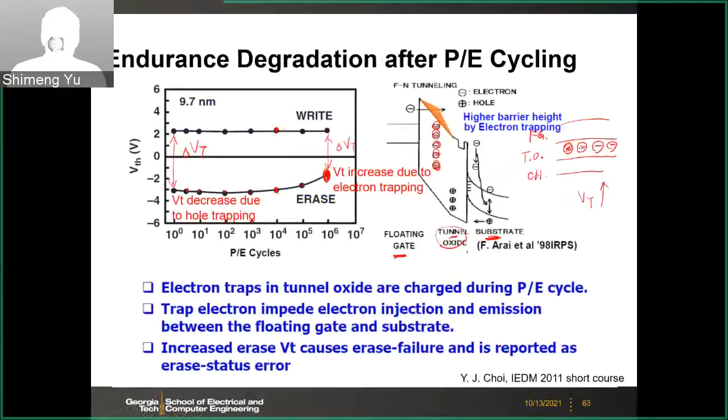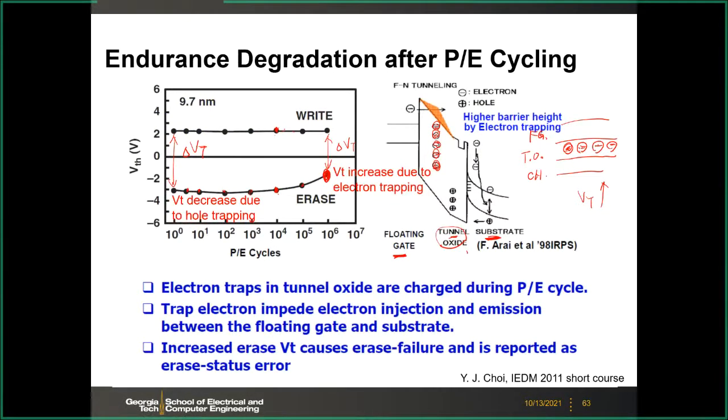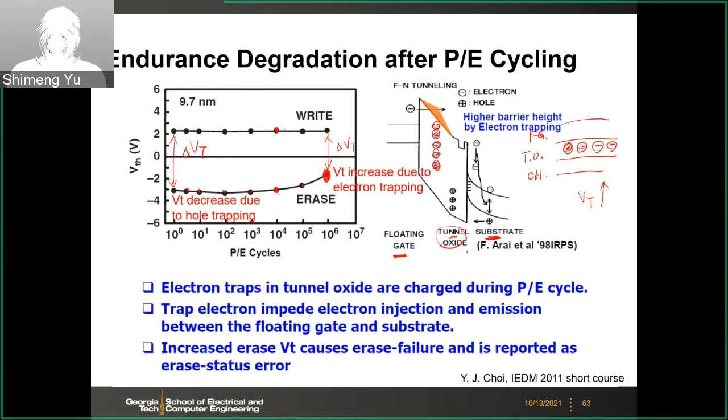So this is a major concern for the endurance degradation. After the cycling, the major effect is the electron trapping. That will increase the threshold voltage. Therefore, the effective window will be reduced.